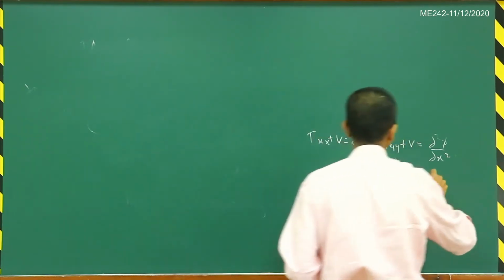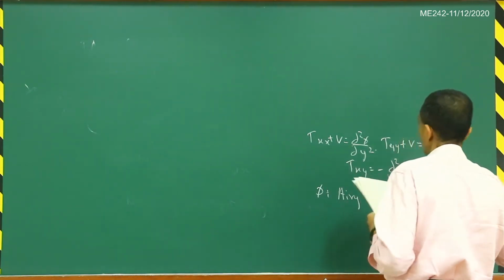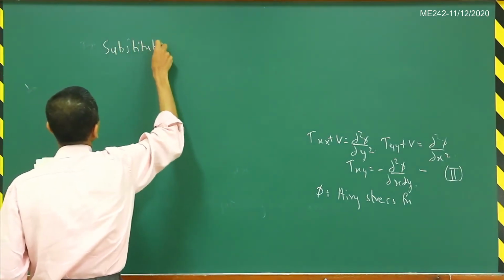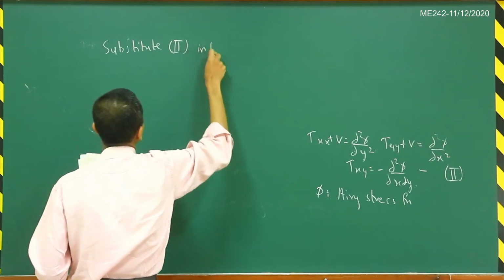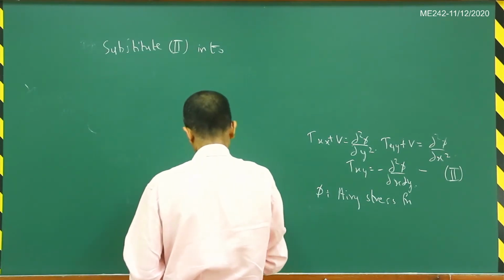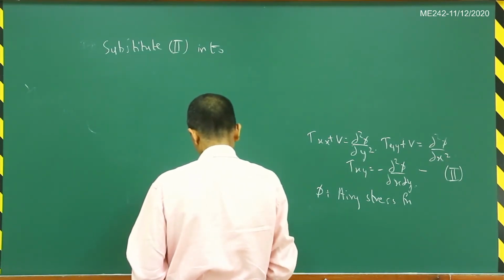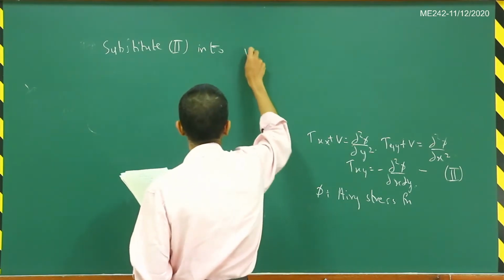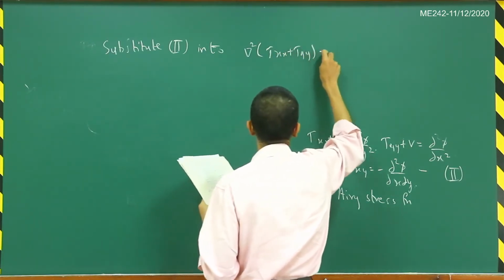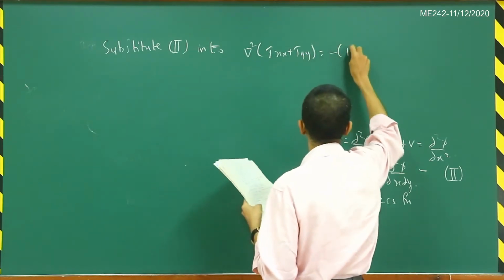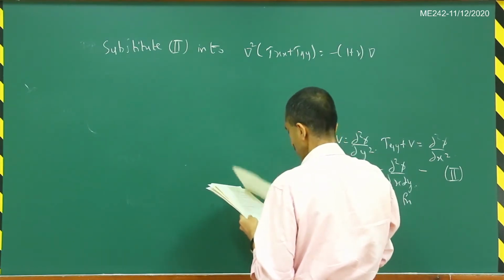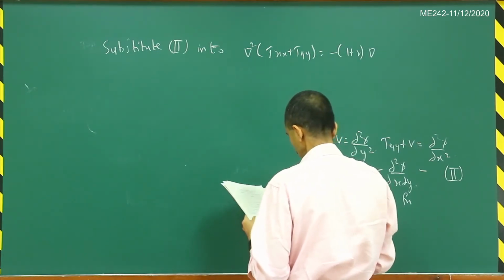Yes, so substitute, so this corresponds as 2. So substitute these 2 into the governing equation, so that is del square of tau xx plus tau yy is equal to minus (1 plus nu) del dot rho b.